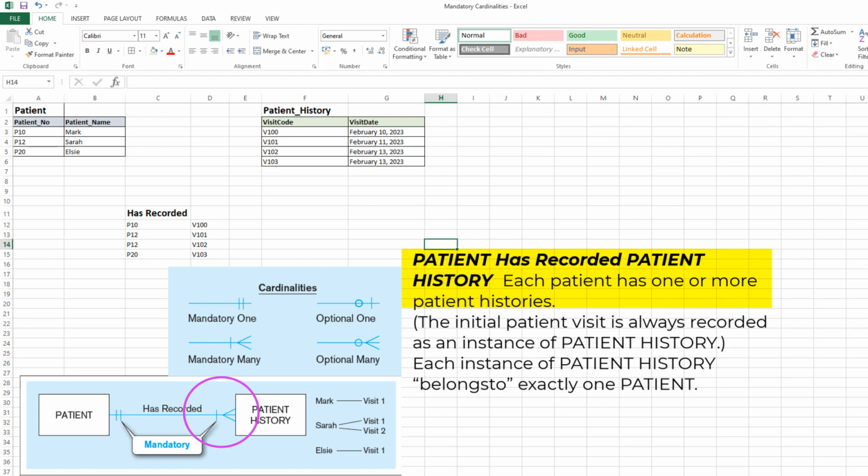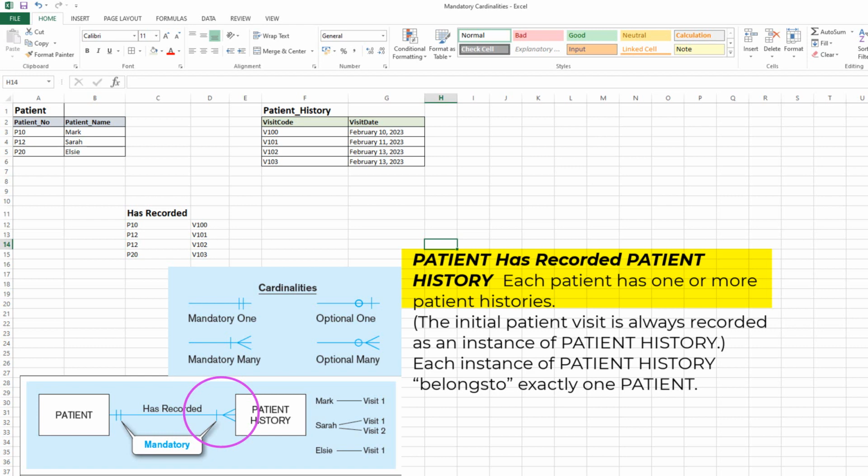Another example is my husband. He can never be considered a patient at the Silang Specialist Hospital because he has never gone there for consultation nor been hospitalized. So he does not fulfill this business rule.